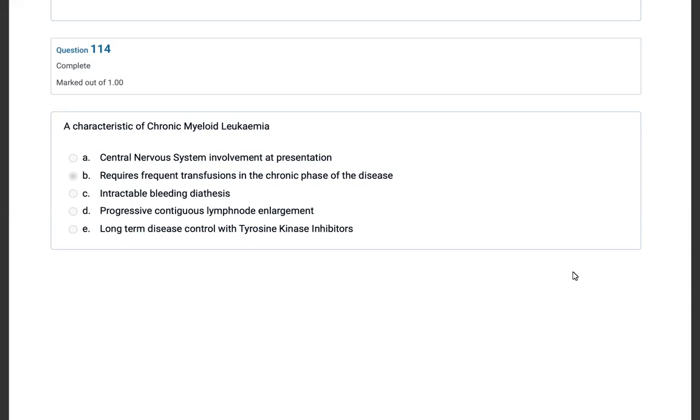So a characteristic of chronic myeloid leukemia is long-term disease control with tyrosine kinase inhibitors. Examples, as I've given, are imatinib and its group.